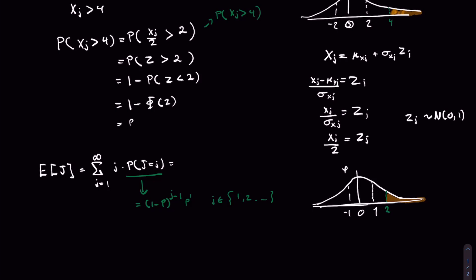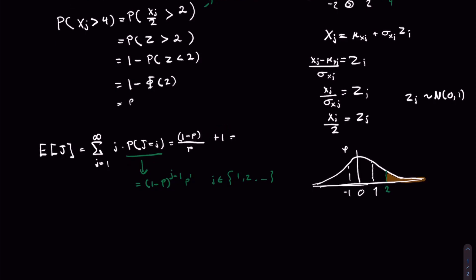Yeah, and so that expectation, I'm not going to do the derivation here, but we know that the expectation of the first success is the expectation of the geometric plus 1, because we're adding the first success term.